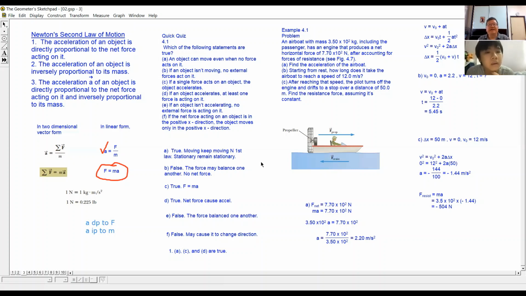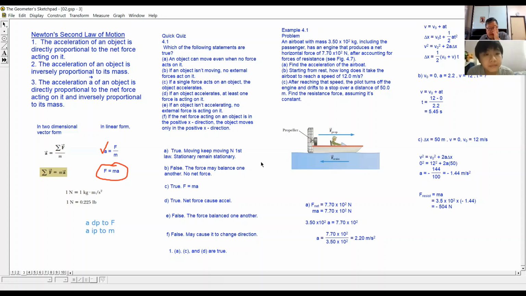F, you read F. If the net force acting on the object is in the positive x direction, the object moves only in the positive x direction. Now this is not true. Why? Let me explain.